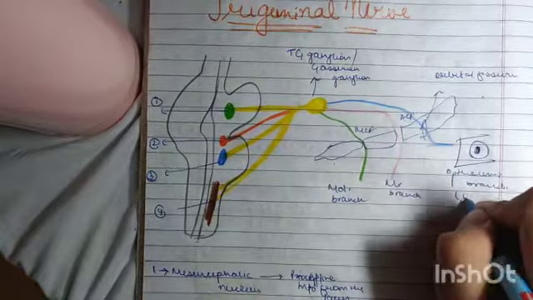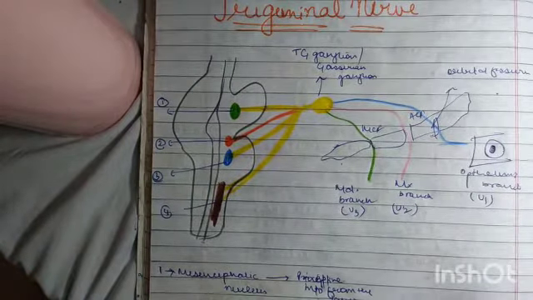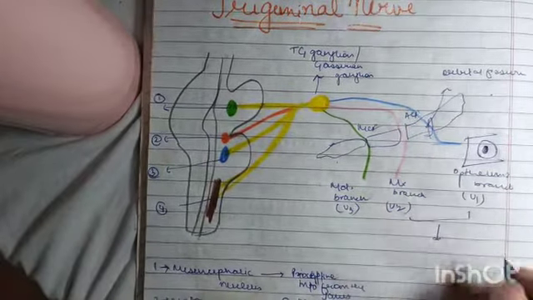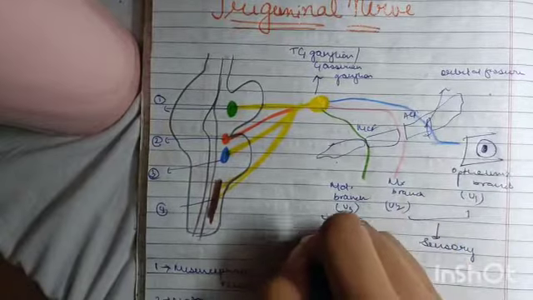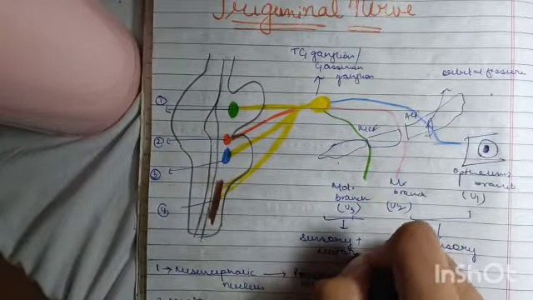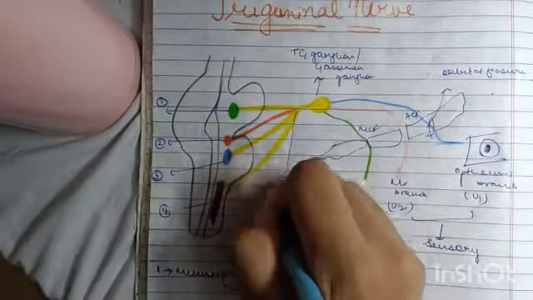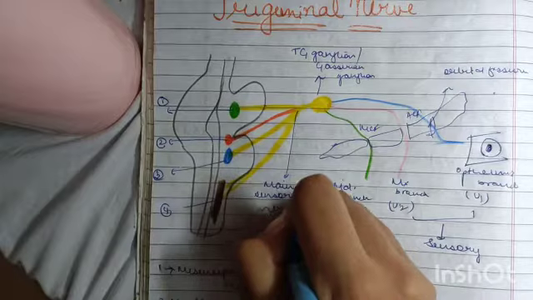Now this is basically V1, V2, V3. V1 and V2 are both sensory, whereas V3 is sensory plus motor.